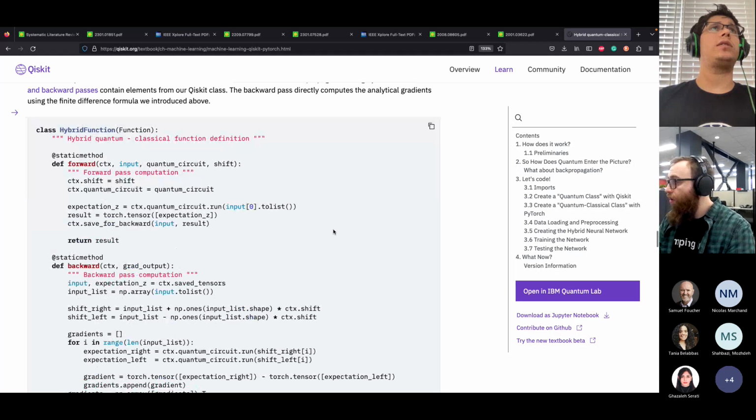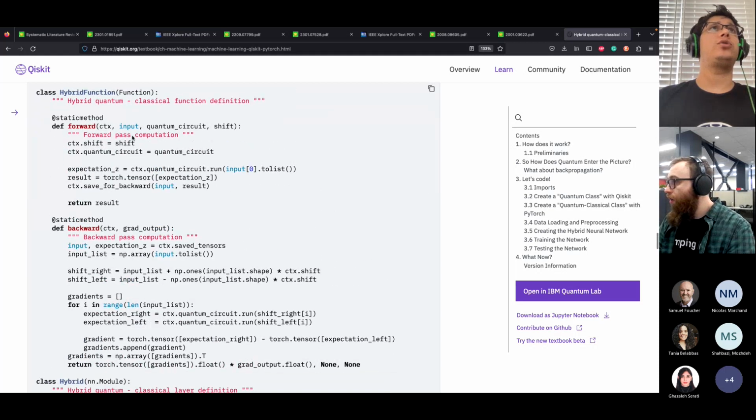Okay, so here is how you do it in PyTorch. You can see this is actually Qiskit and PyTorch at the same time. You have to work around your forward pass, in which you can add a quantum circuit.